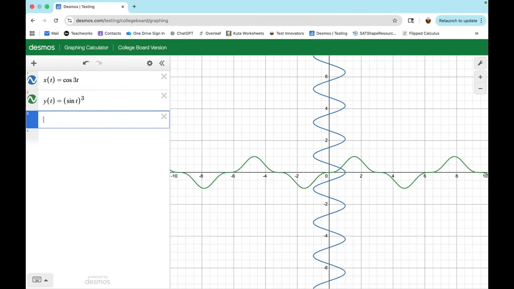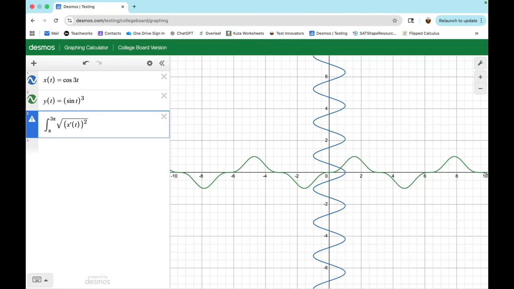Then we're just going to type in that integral. So we're going to do the integral. And this one said it was pi, so pi is pi. And then we can do 3pi for 3 pi. And then we're going to do sqrt to give us the square root. And I'm going to do a parentheses, and I'm going to put x prime of t, and then I'm going to square that.